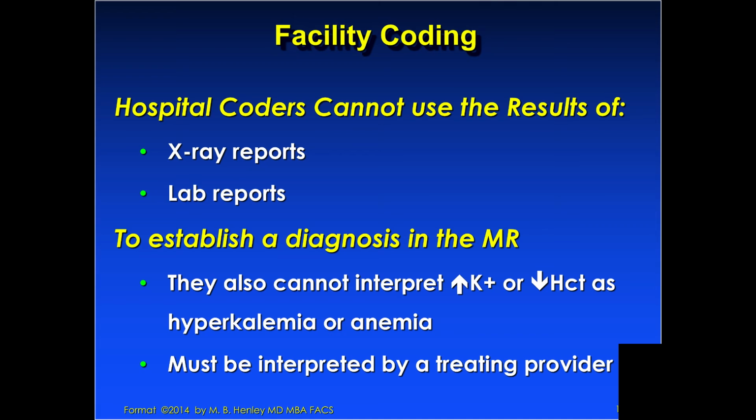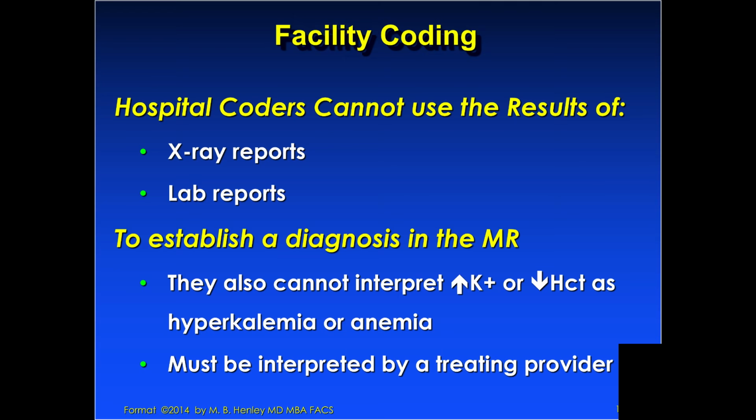Now, hospital coders can't code from X-ray reports or lab reports, even if it's from the vascular lab. For example, just because the potassium is high or low doesn't mean the patient has hypo or hyperkalemia unless you put that as a treating physician in your note. And you can't use, at least in our system, arrow up K plus or arrow down HCT. You have to say and document anemia.